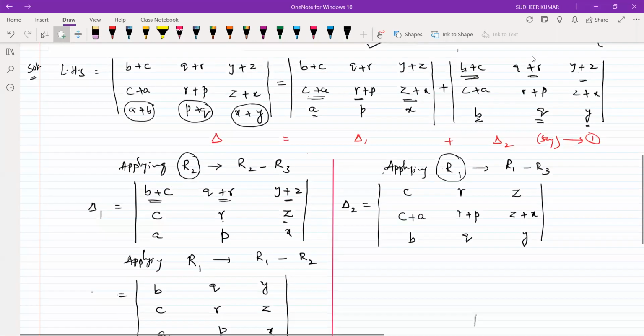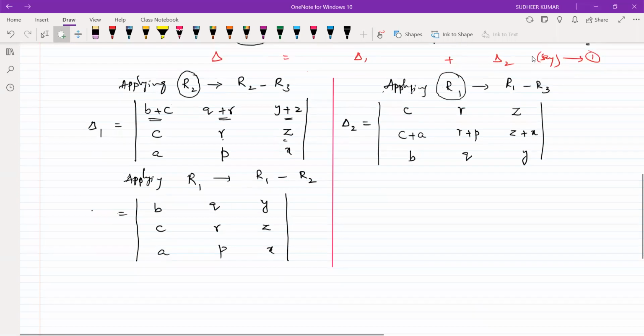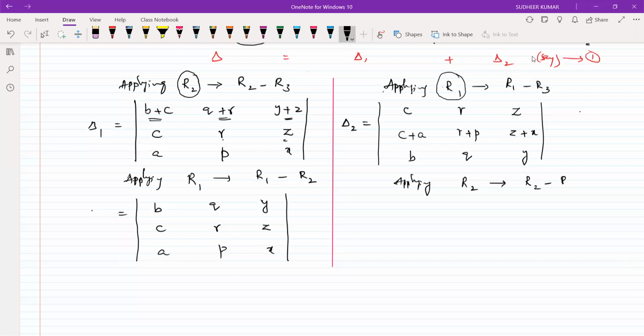So what's the next step? R2 minus R1. Again, in the second determinant, make the second row elements single terms. So applying R2 changed as R2 minus R1. R2 only is going to change, so R1 and R3 remain the same.